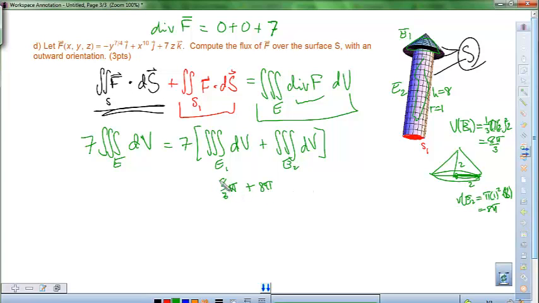It looks like it's 24 plus 8, that's 32. Oops, not equals, it's times 32 pi over 3, and then I'll just multiply that by 7. It doesn't look like we're going to cancel the 3 out anywhere. So 7 times 32 is 14, 21, 22, so this is the triple integral here.